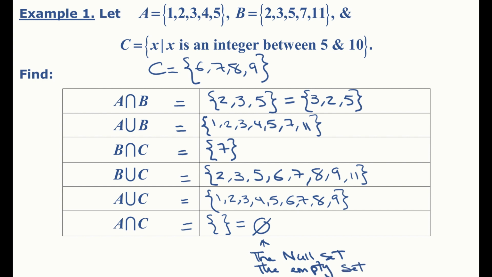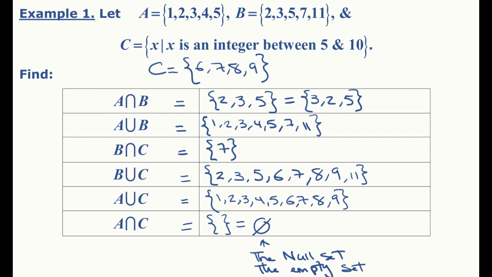Okay, and that's that. When two sets like A and C lack any elements in common, we call them disjoint. So we say A and C are disjoint sets.